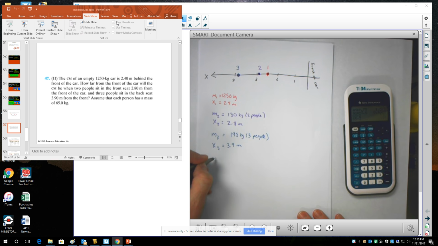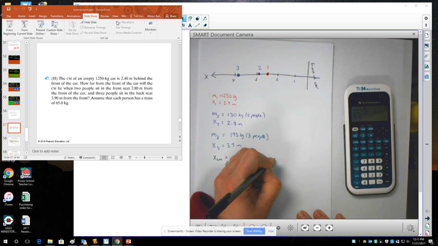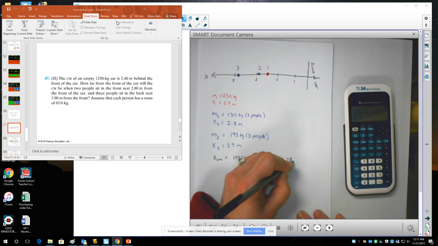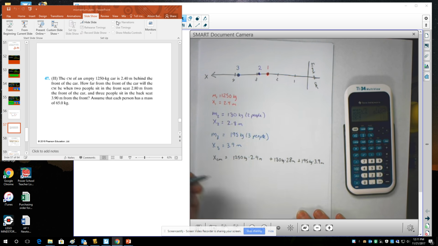I'm looking at the center of mass along the x-axis. I'm going to multiply each mass, 1250, times its location, 2.4, 130, 2.8, and 195, 3.9, right? Each of those, and divide by the mass in total.